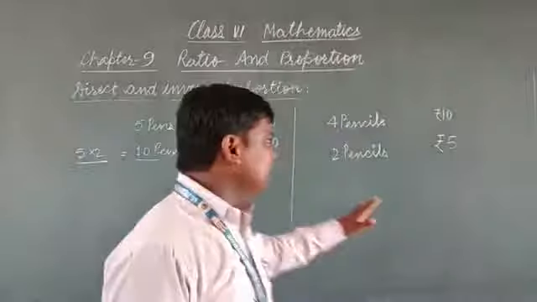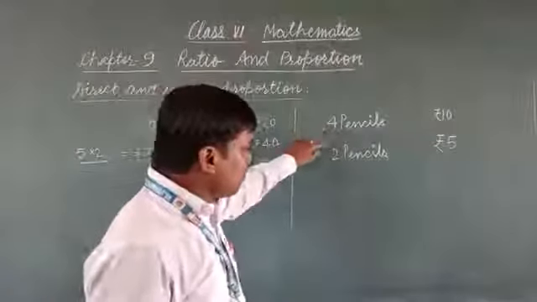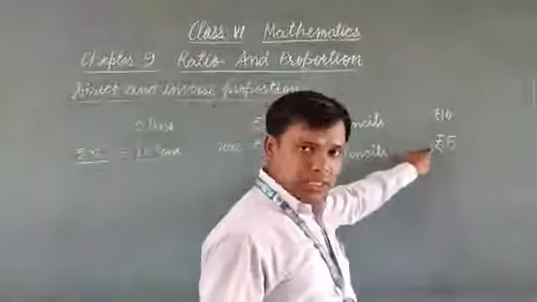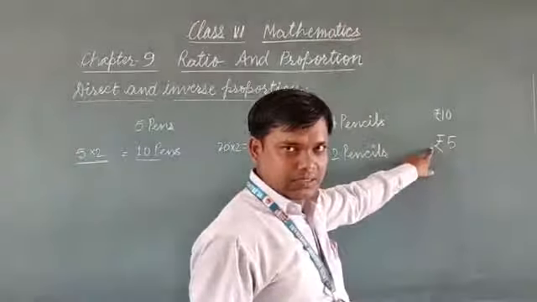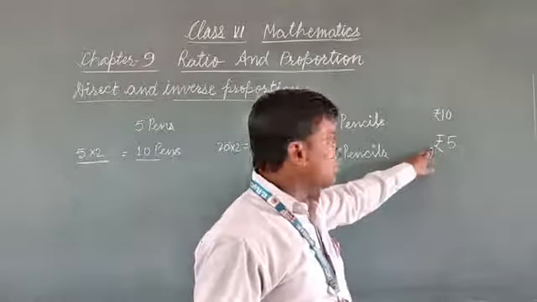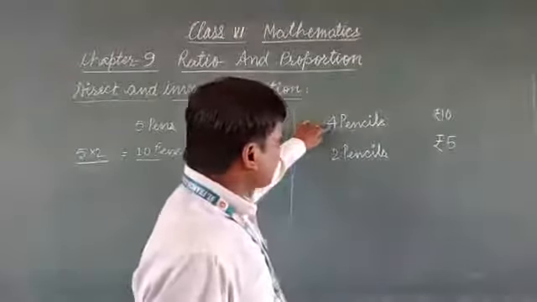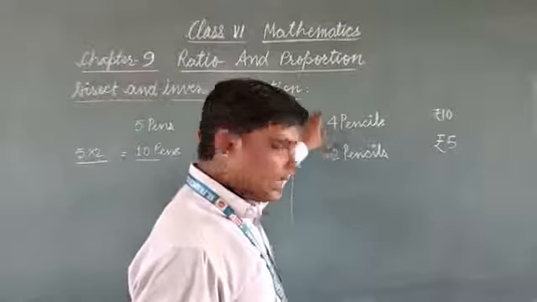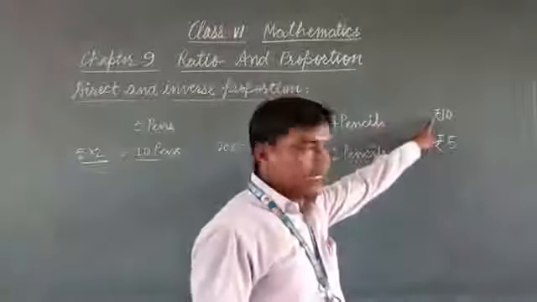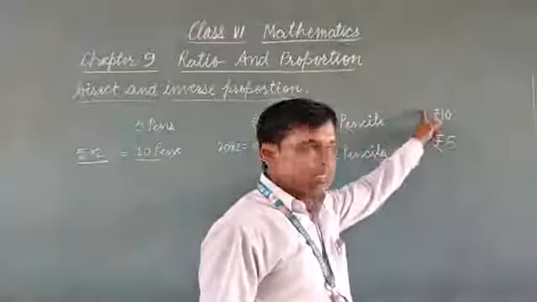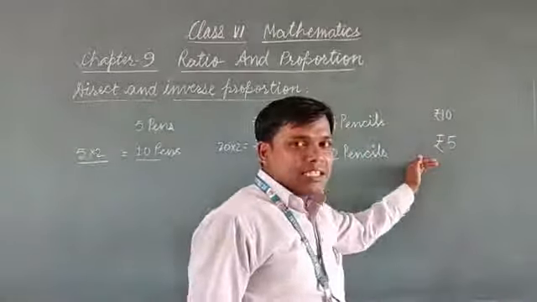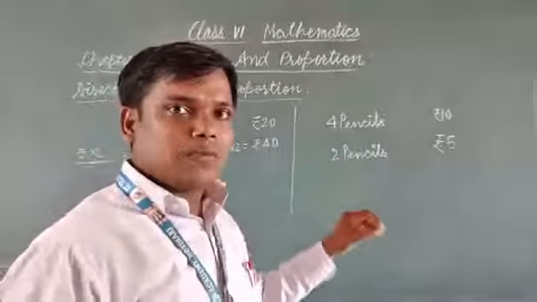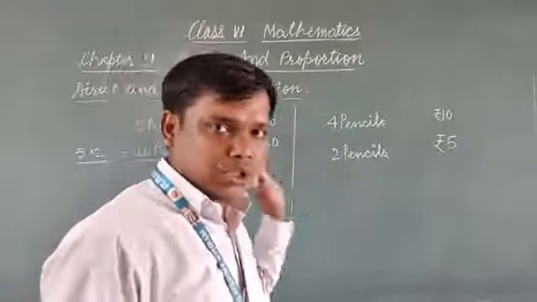We are observing here, if the number of pencils decreases, the cost also decreases. Clear? So the cost is also decreasing. So these two are examples of direct proportion.